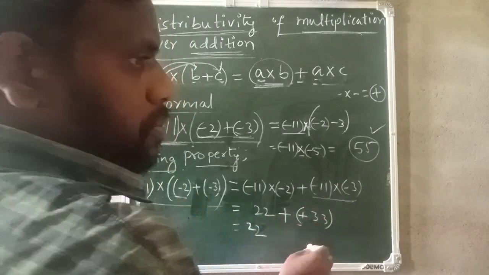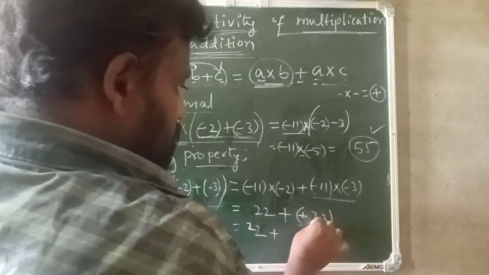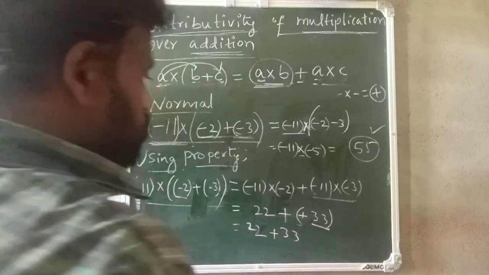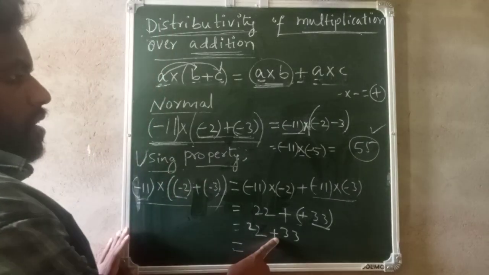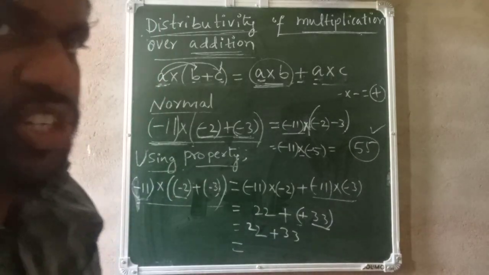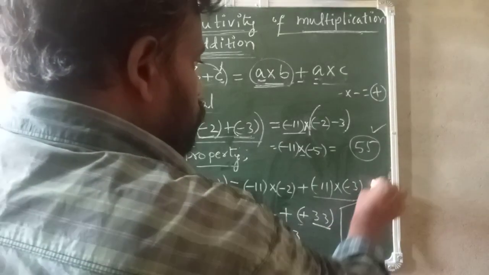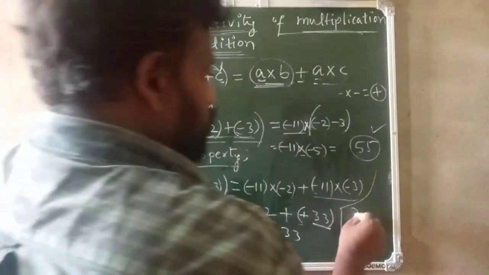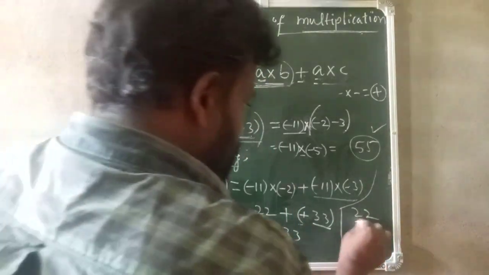So bracket means multiplication, into plus, plus this 33 write as it is. So that is equal to. So plus means addition. We have to add the numbers 22 and 33. So what will we do? So write 22 plus 22 first. Next 33.